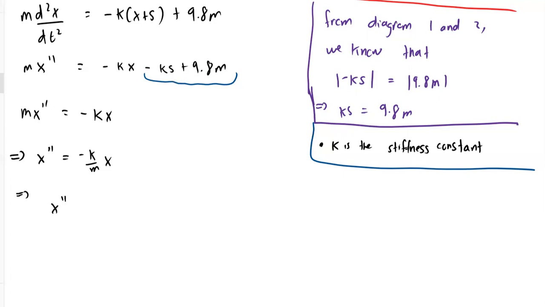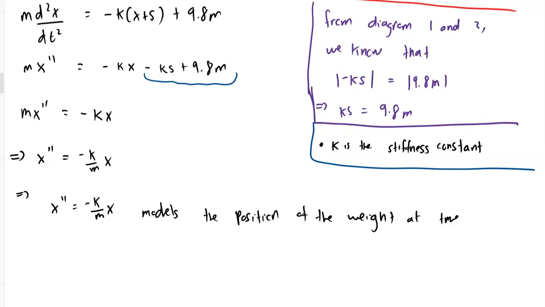This is acceleration, but when we find solutions, it gives us the position of the weight at time t greater than or equal to 0.